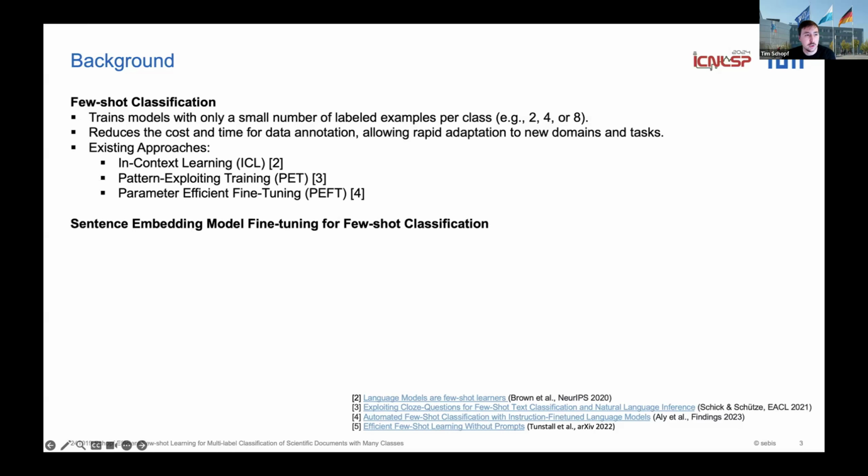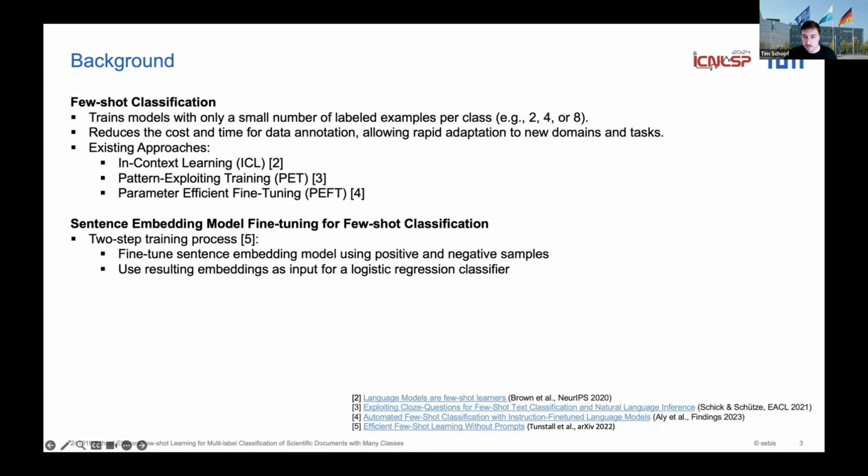In addition to those approaches, there also exist the sentence embedding model fine-tuning approaches for few-shot classification, which was essentially introduced in 2022 by Tunstall et al. And they show that few-shot classification can be approached in a two-step process.